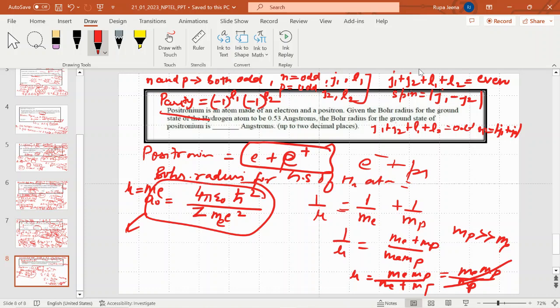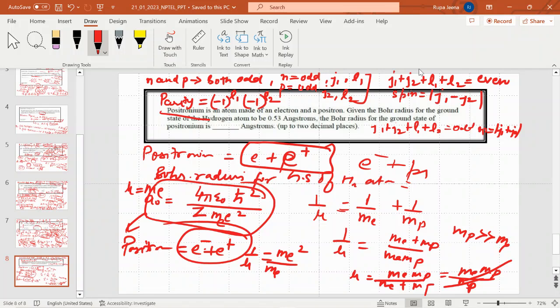But there is a trick in the question, because it is positronium. For positronium, electron and positron both have the same mass. So mu is equal to me square upon me plus me, which is me by 2.